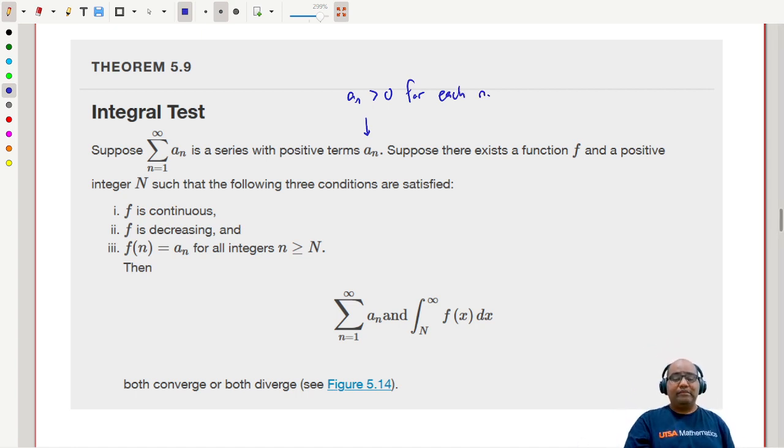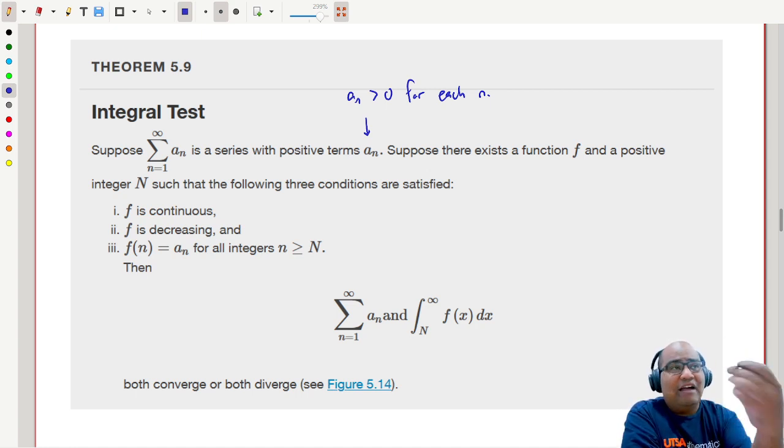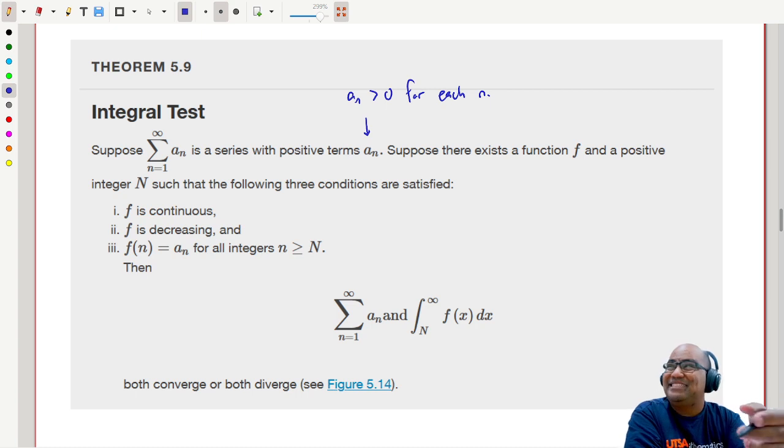Now, let's say that I can choose a function f. There is a function f and a positive integer capital N for which the following are satisfied. f is a continuous function. It is also a decreasing function. And if I evaluate f at any integer n for any n after this big N, I basically get the sequence back.